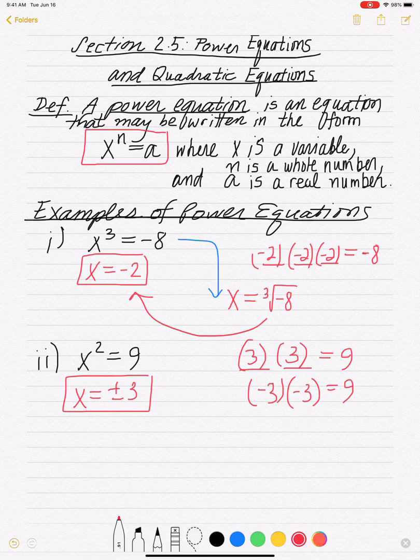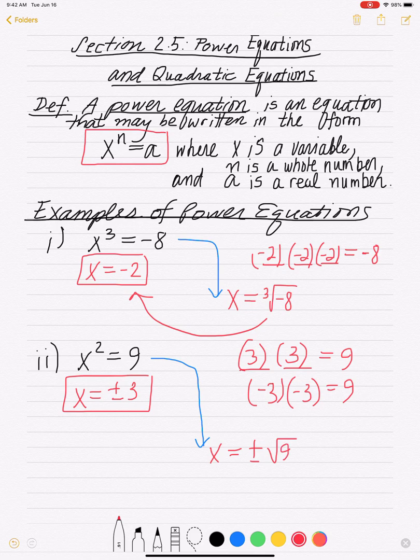So if you think about how we actually went about getting that, for solutions plus or minus 3, we have an x, and then we have a plus or minus, and then we just took the square root of 9. The square root of 9 gave us the 3.